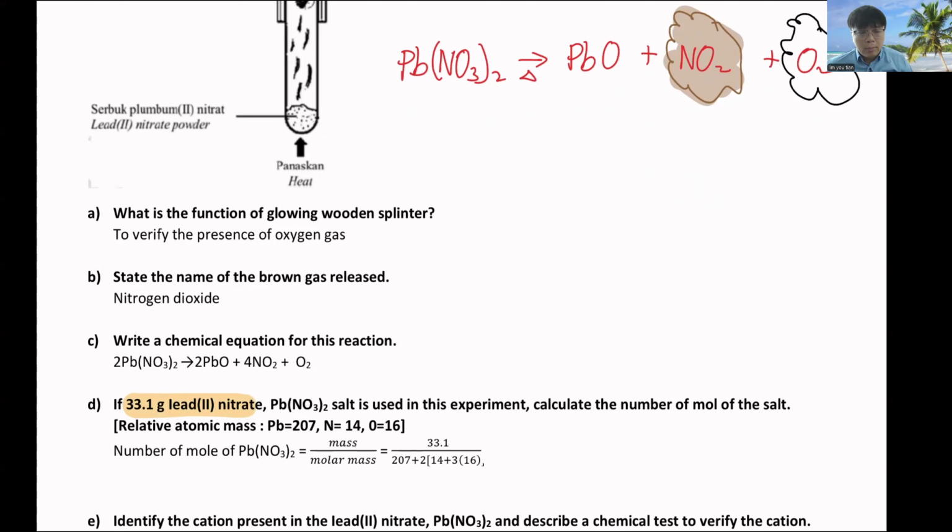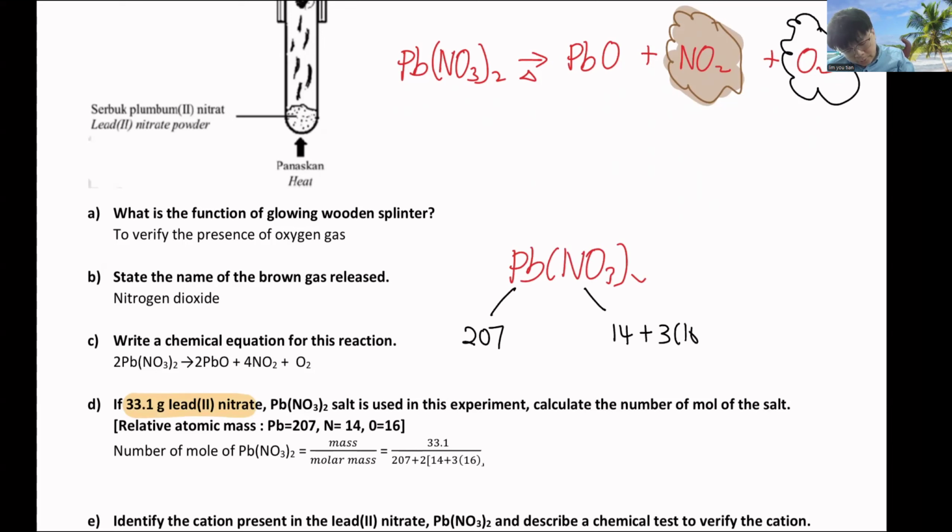So 33.1 divided by Pb(NO3)2. So Pb is 207, then NO3 is 14 plus 3 times 16, then bracket 2.